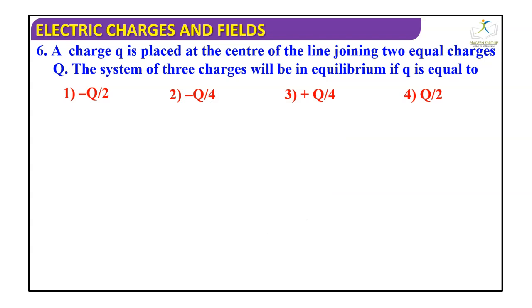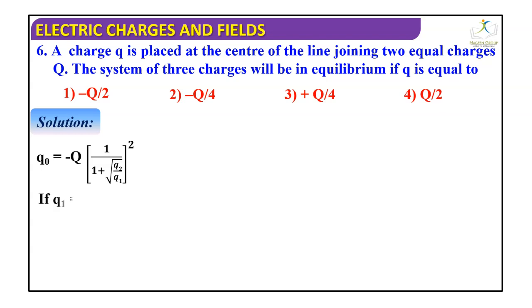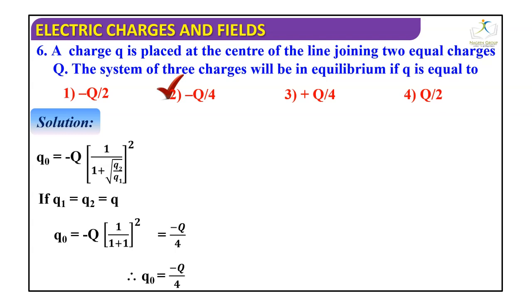Hope you did. Let us see the solution of this question. Q naught is equal to minus Q1 by (1 plus Q2 by Q1) whole square. So this will be the applicable formula when we are taking three charges in the system. So after putting all these values, we will get the value of Q naught, which is minus Q by 4. Hope you also get the same.